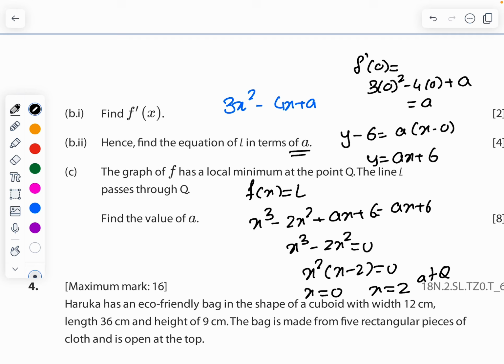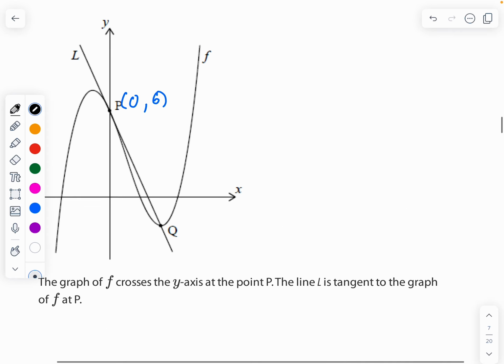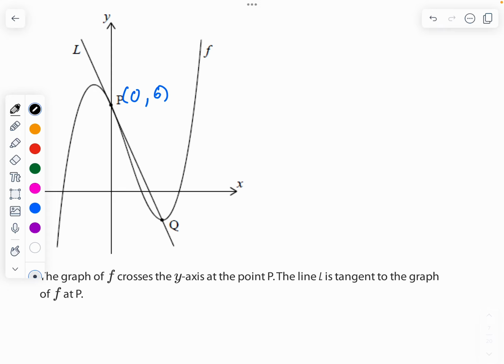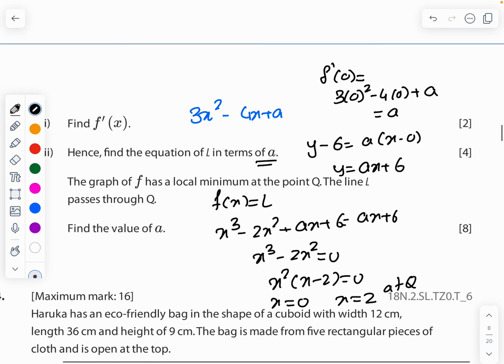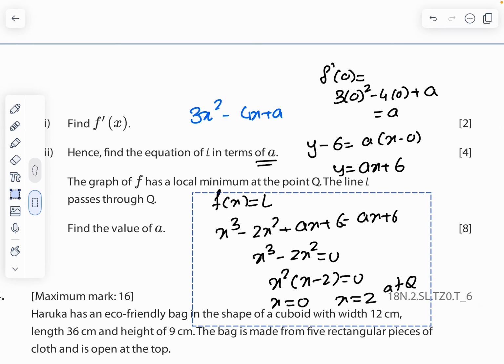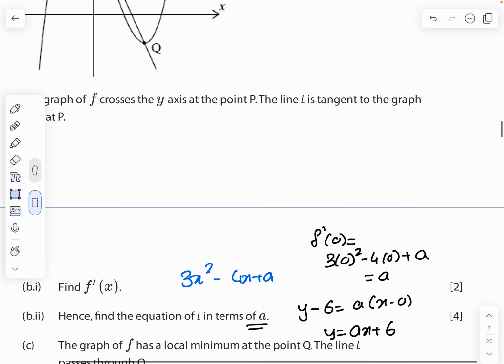Now I need to get the value of a. So at Q, we have to find the value of x. Let me write it out over there rather than over here, so that I have a lot of space.